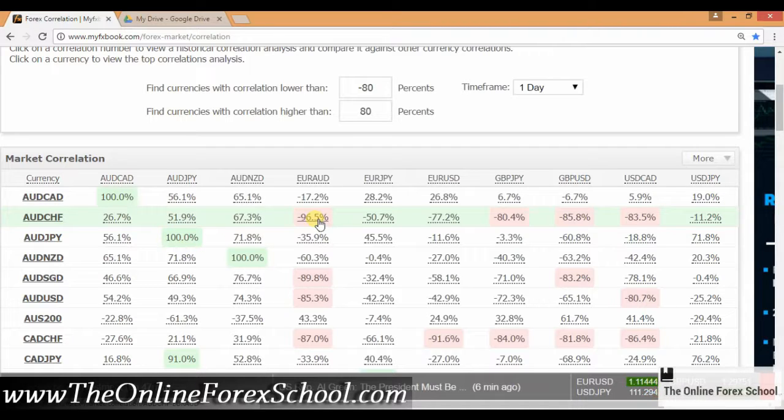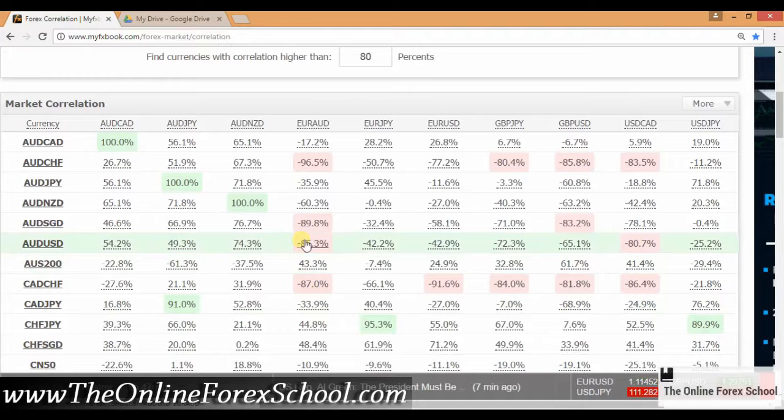The same applies for AUD USD, Australian dollar US dollar. If Euro Australian dollar is in an uptrend, then Australian dollar US dollar will 10-to-1 follow through in a downtrend because of the negative correlation of 89% and 85%.